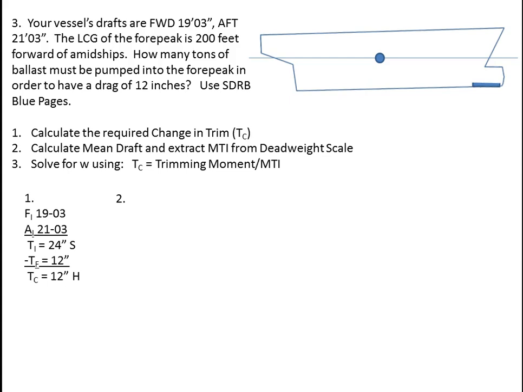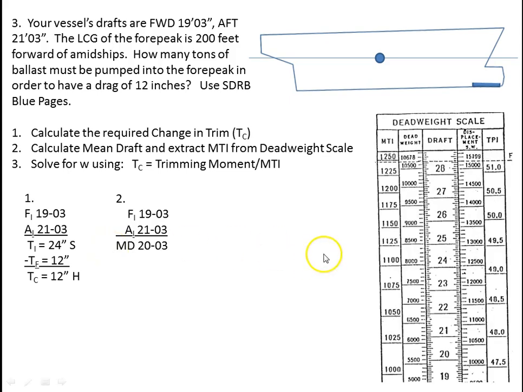So step 2, now we got to get MTI. In order to get MTI, we need to enter the deadweight scale. All the values of the deadweight scale are dependent upon either the displacement of the vessel or the mean draft of the vessel. We don't have any information about displacement for this vessel, so we're going to have to go into it with mean draft. So what's the mean draft? Well, if we're at 19'03" and 21'03", our mean draft is 20'03".